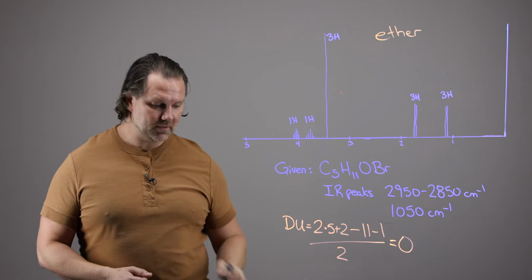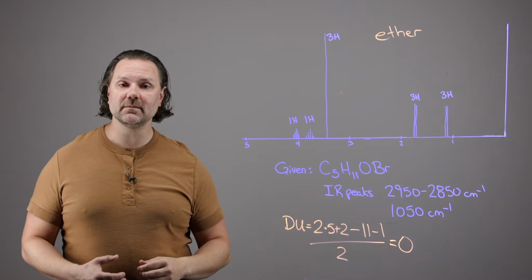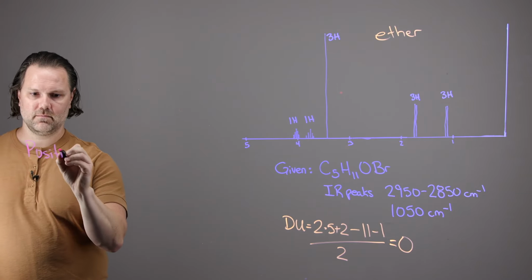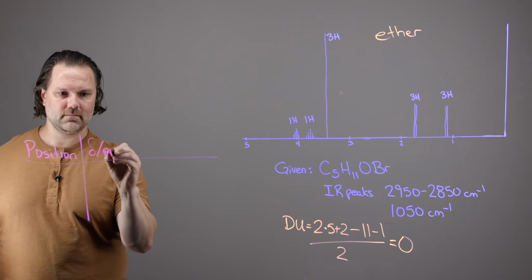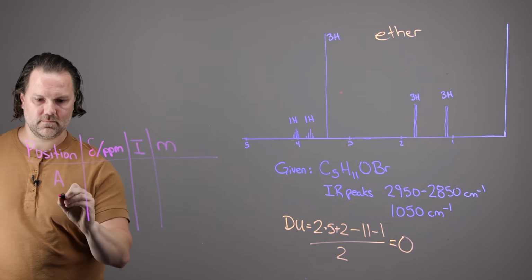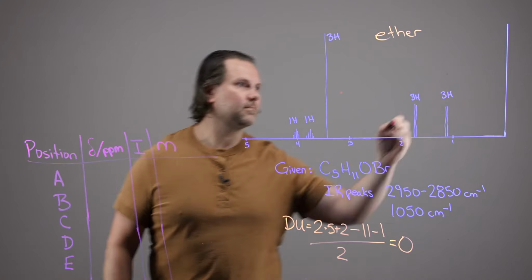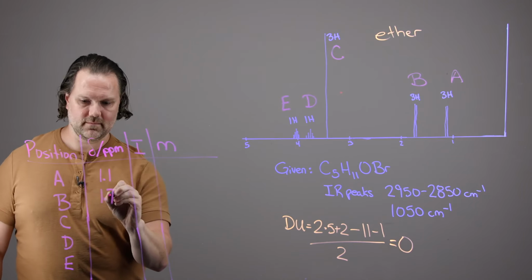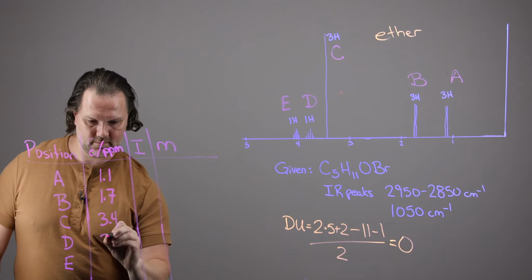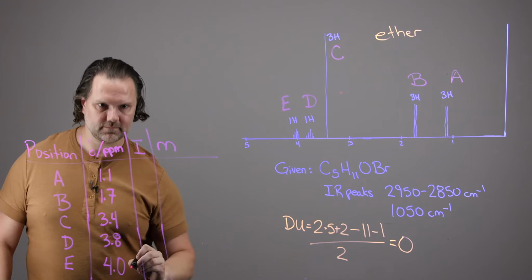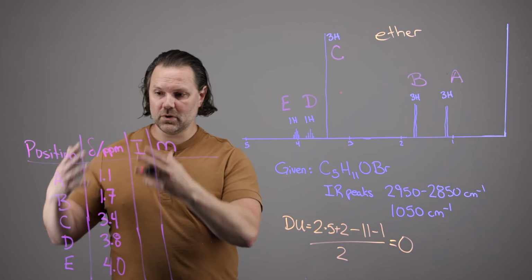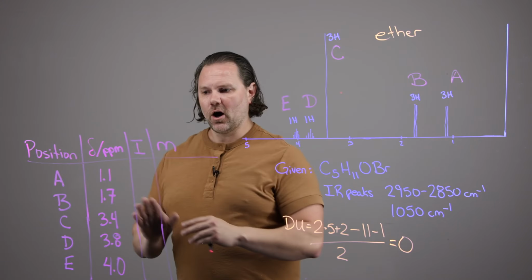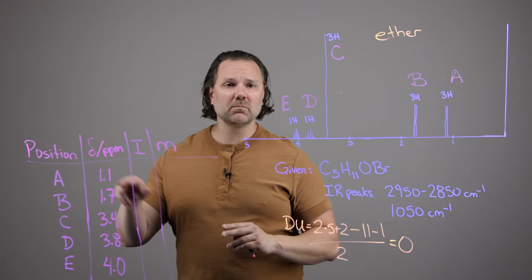All right, let's build our table and extract the remaining information that we can from our spectrum. Okay, I've put in my chemical shift values based on the spectrum, and they might be off from the values that you have by about 0.1.